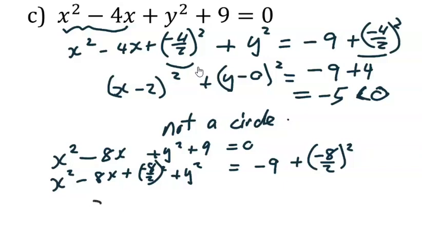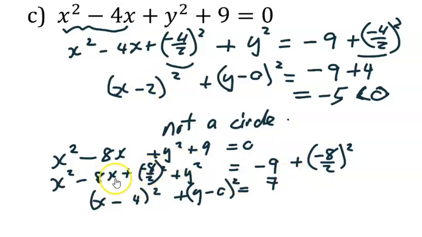So in this case I will have (x − 4)² + (y − 0)², and now I will get 4² − 9, so that will give me 16 − 9, which is 7. So I will have a radius. So before we've done the completion of the square, I cannot conclude whether it's a circle or not. I must first do the completion and then decide what happens on the right hand side.